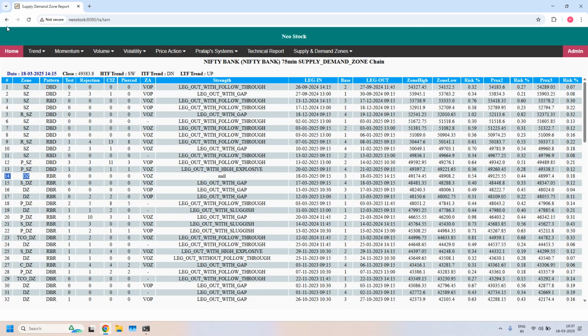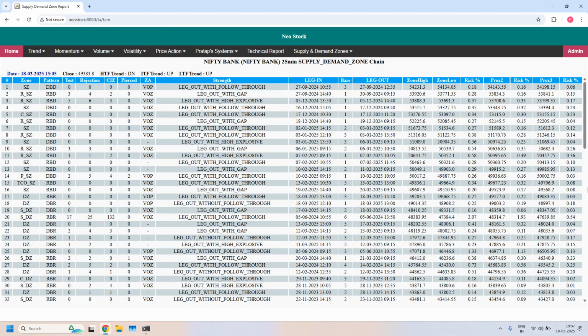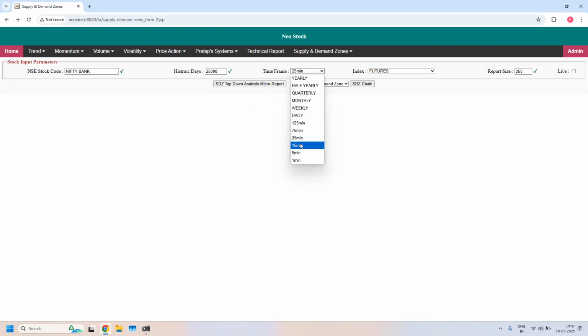Okay, next, 25 minutes supply demand zone chain for Bank Nifty. Okay, next, 15 minutes supply demand zone chain for Bank Nifty.